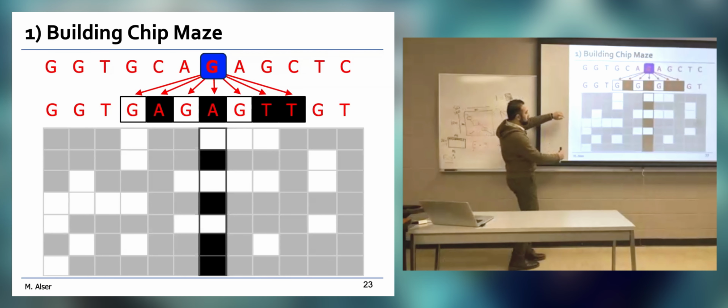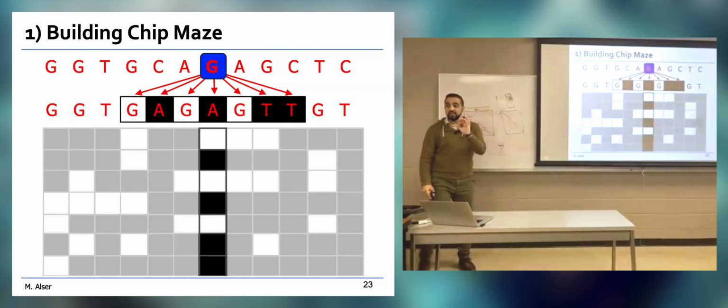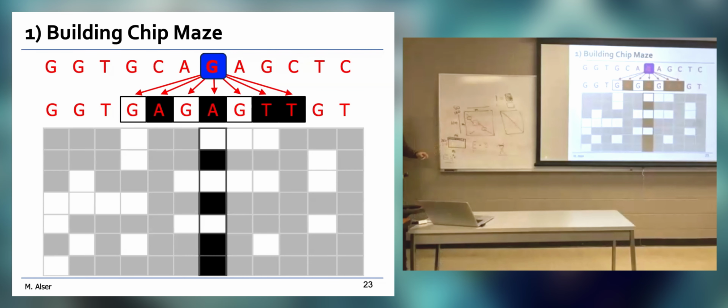How about the height? We said it's equivalent to 2E plus 1, right? And this is why it's 2E plus 1: because we go over 2E plus 1 characters from the other sequence, and we try to compare them with that single character over there, all right?